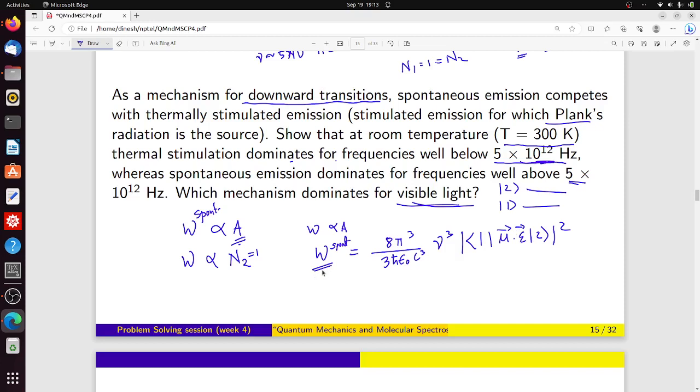spontaneous emission rate, and there is another kind of emission that can be happening because there is Planck radiation in the surrounding.